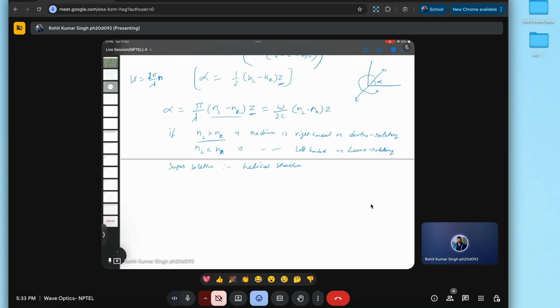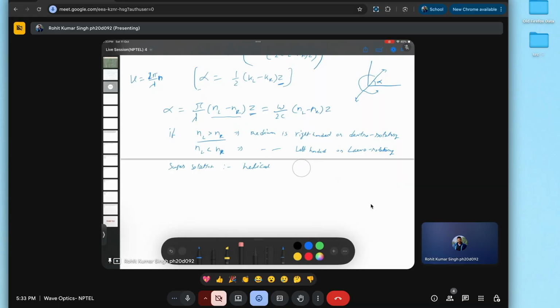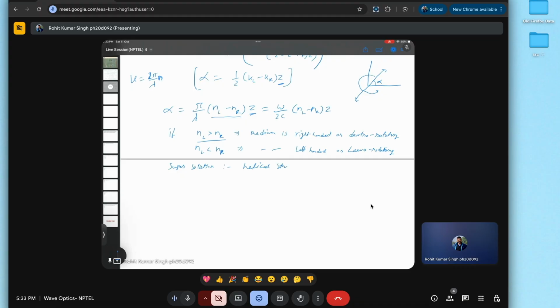If you study some biology or even chemistry, biochemistry, you will see the chemical formula of this molecule, sugar, sucrose, fructose. They have a helical structure. Okay, so they are like this chain of helical structure.